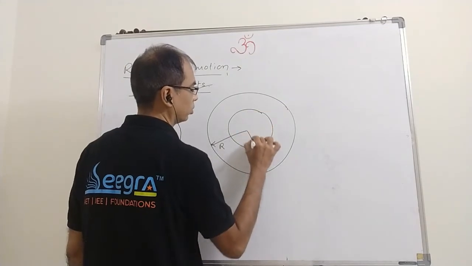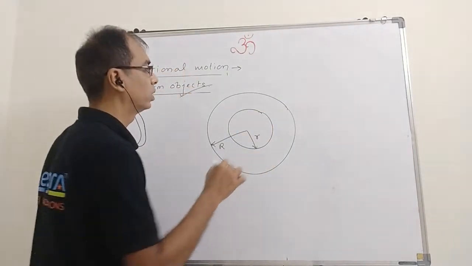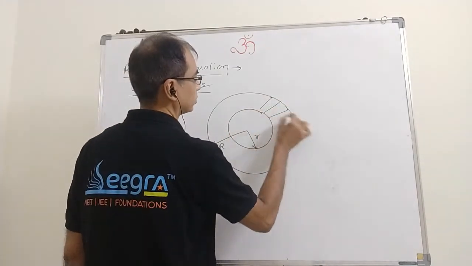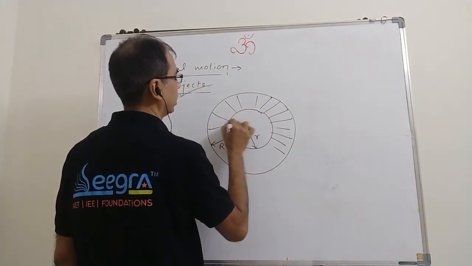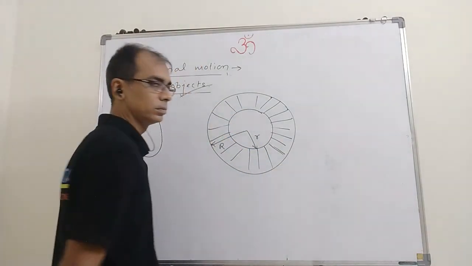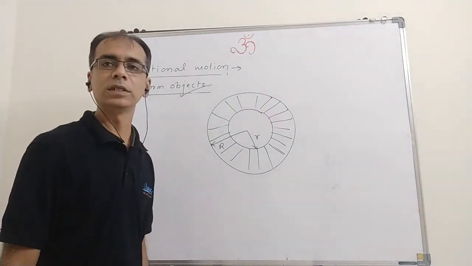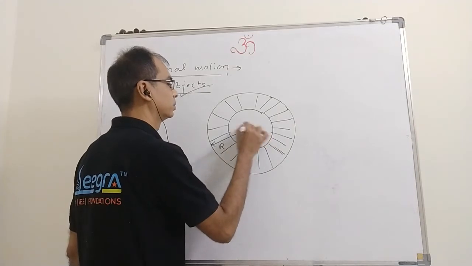The radius of this removed portion is r. So now only this portion you have. Find the moment of inertia of this portion, which is remaining with you. The axis is passing through the center.